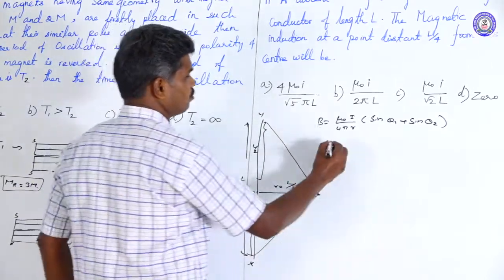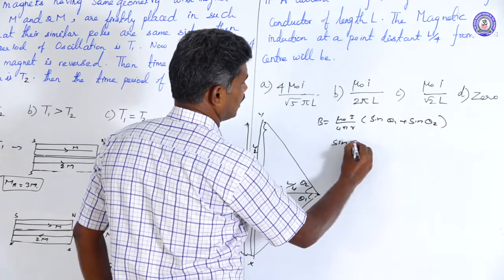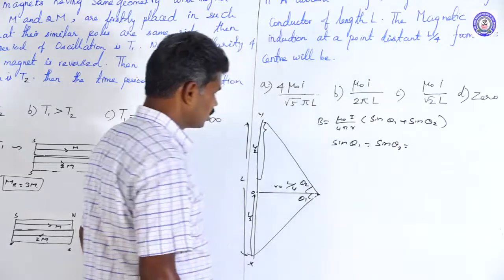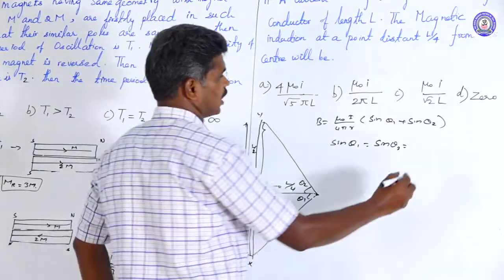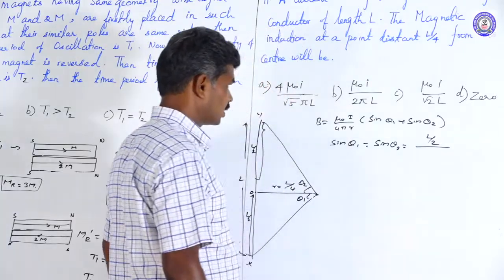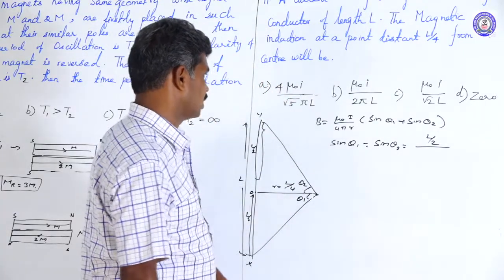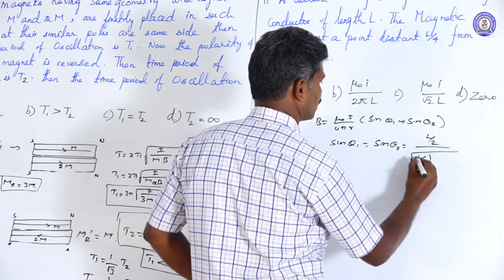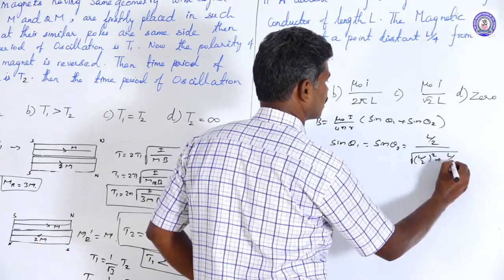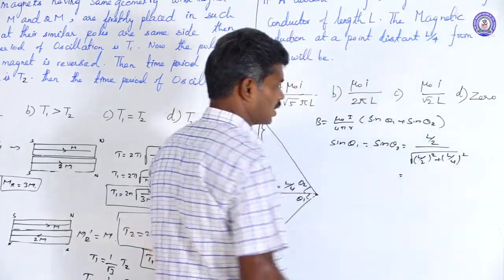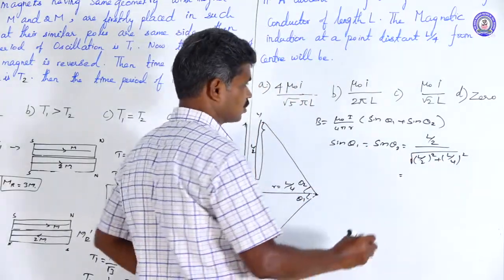So sin theta 1 equals sin theta 2 equals the opposite side L by 2 divided by the hypotenuse, that is the square root of L by 2 whole square plus L by 4 whole square. Here we can take L by 2 out commonly.